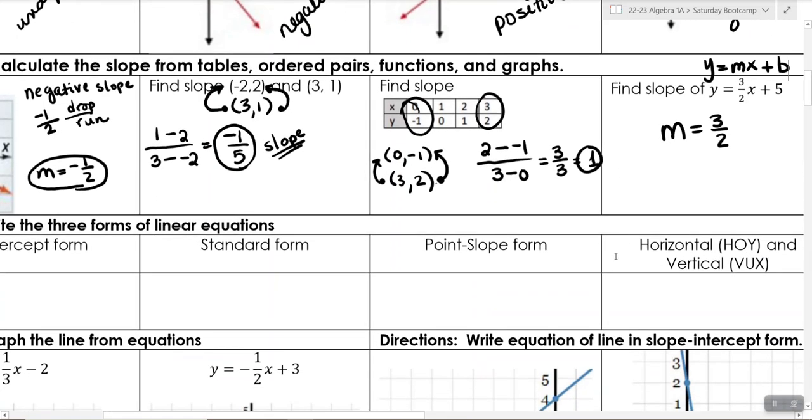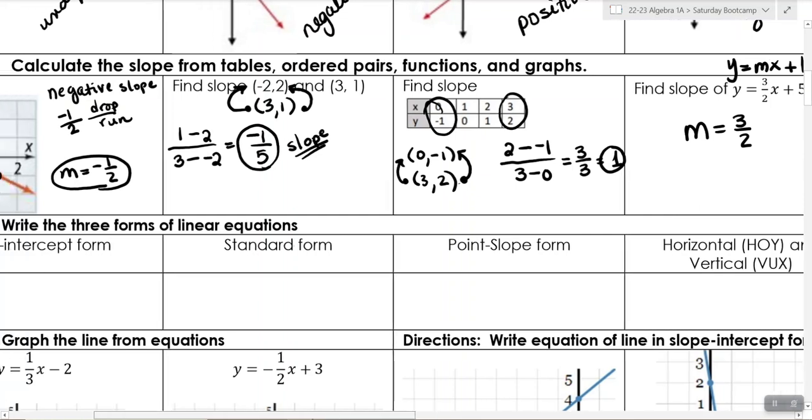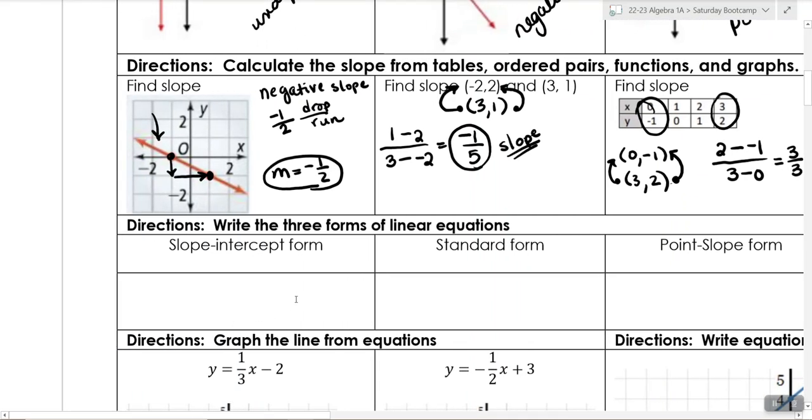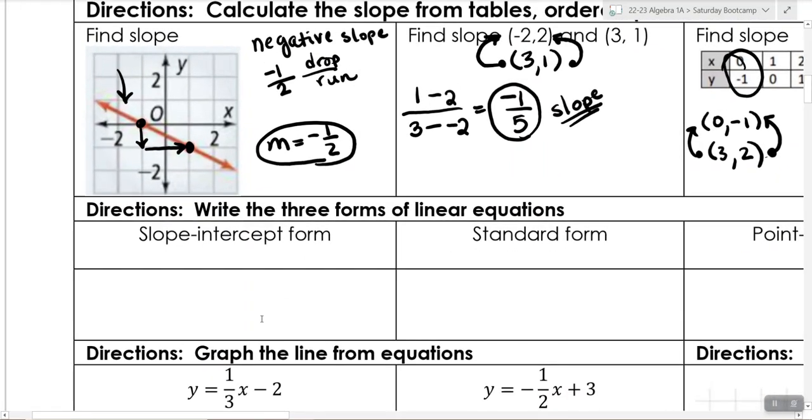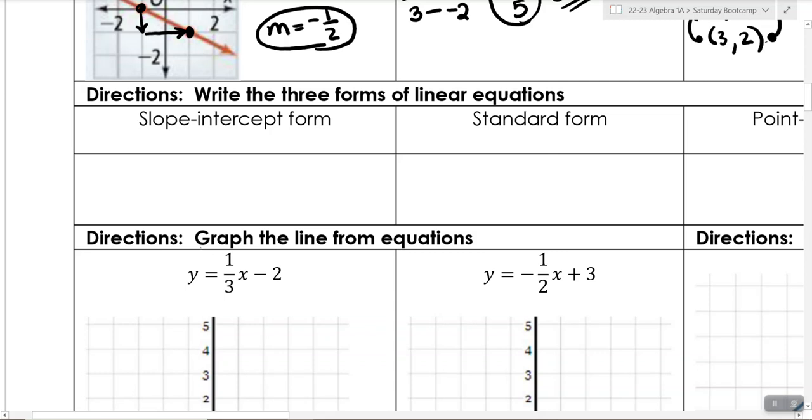All right, so there are more than 3 equations. There's just several equations that you need to know to be successful in this unit. Slope-intercept form of a line, which is y equals mx plus b, with m being the slope, b being your y-intercept.